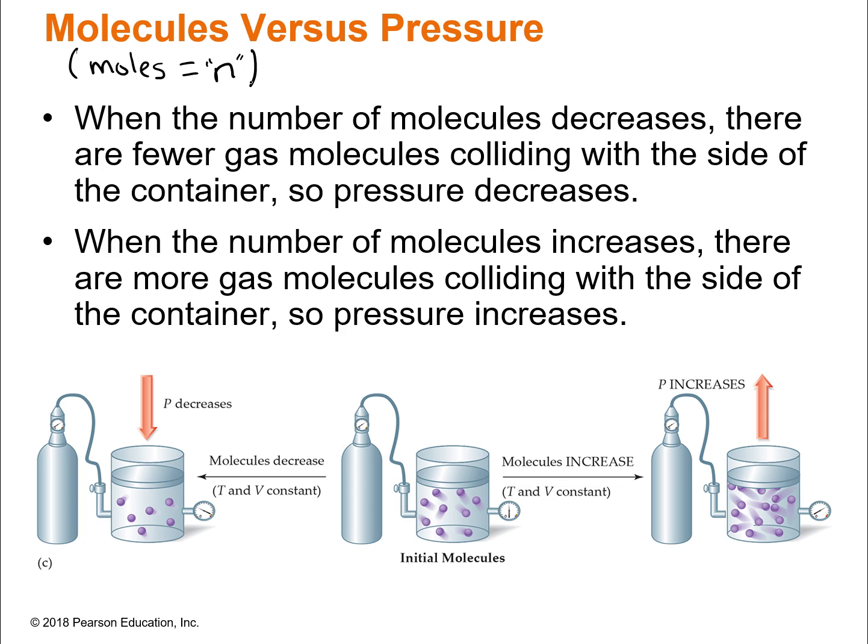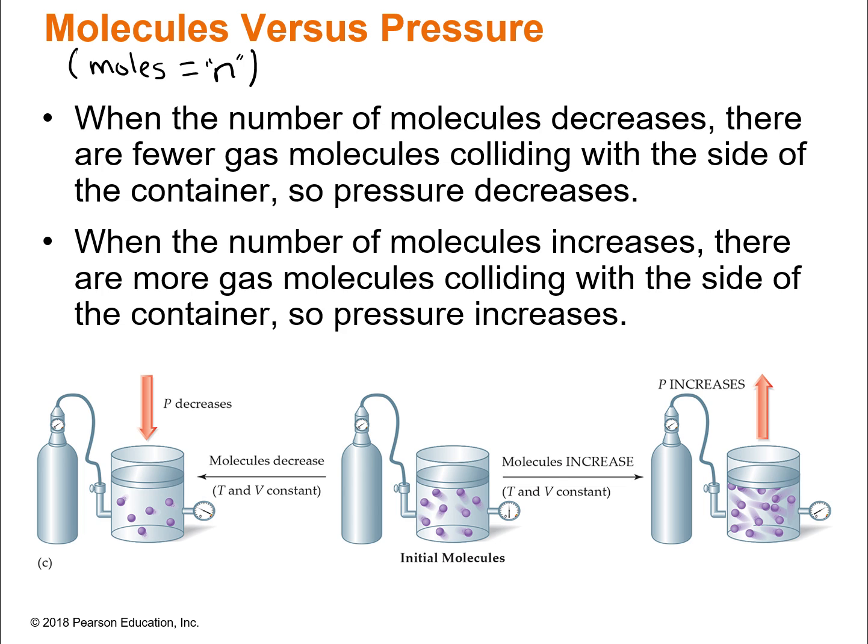I know we talked about N in chapter 8, that's a different N. Here in chapter 10 with gases, when you see a lowercase n, that means moles. Let's say that you have a container and it's hooked up to a gas tank. So you can increase the amount of gas in the tank at will. And you can maybe open a valve and release some gas at will.